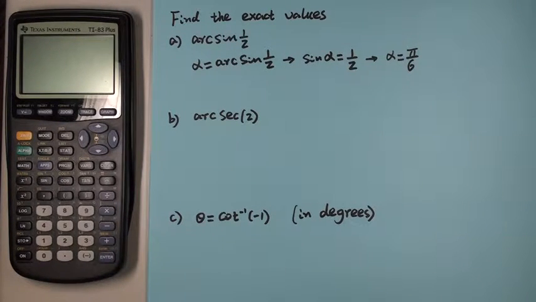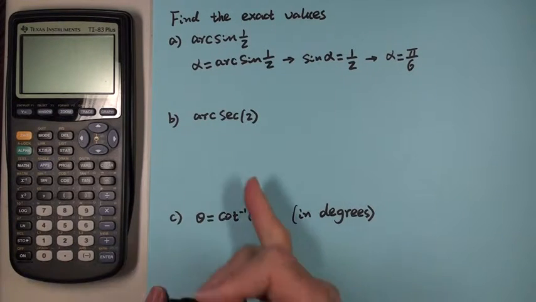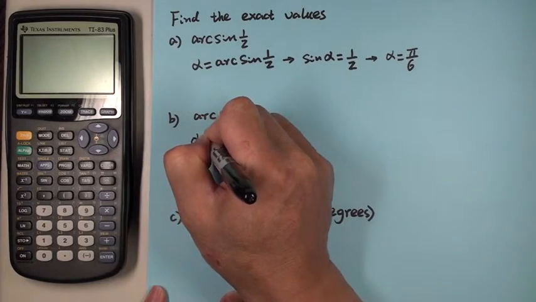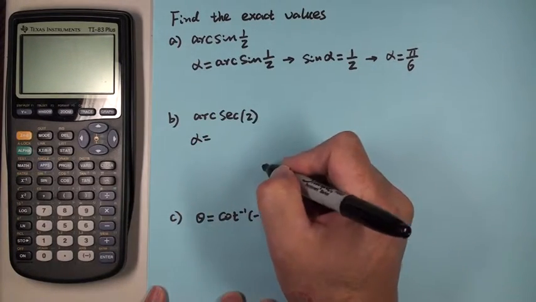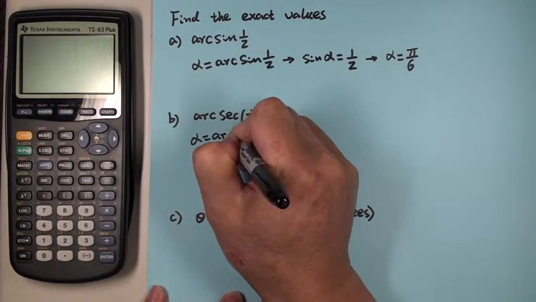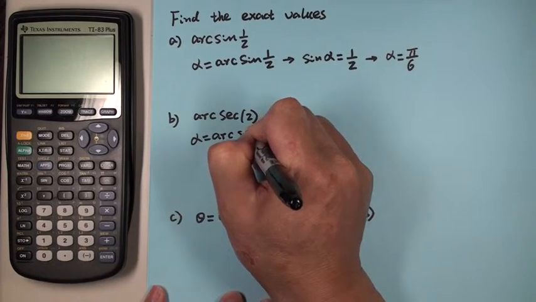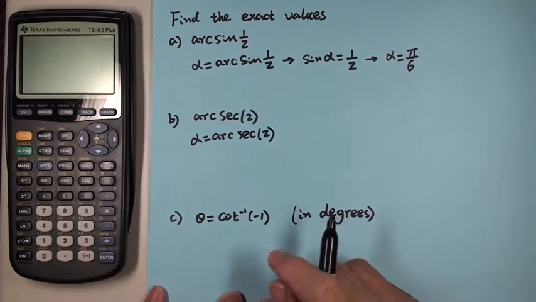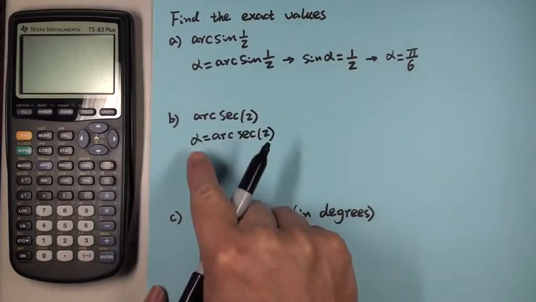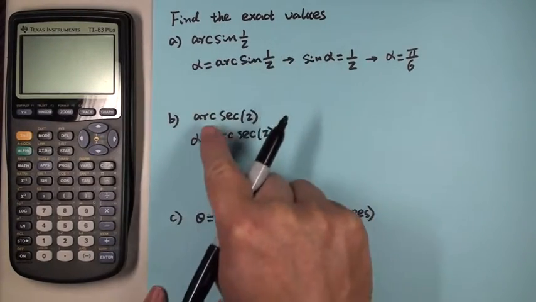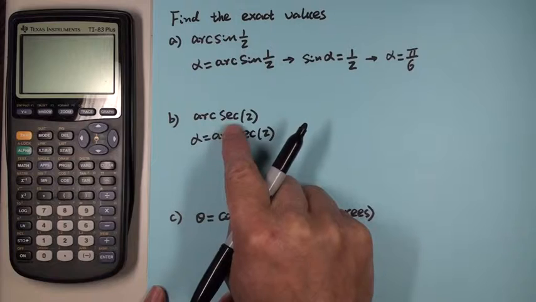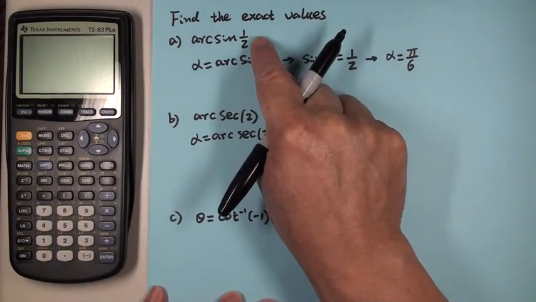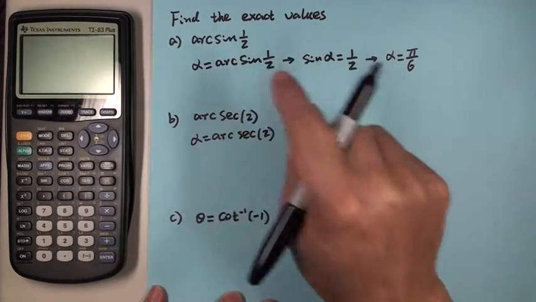Now here is the same thing. Looks very scary, huh? But we know again, arc secant 2 is an angle. So the technique right here is that when you don't know the value, you let this arc secant 2 be an angle, or you let arc sine 1/2 be an angle.